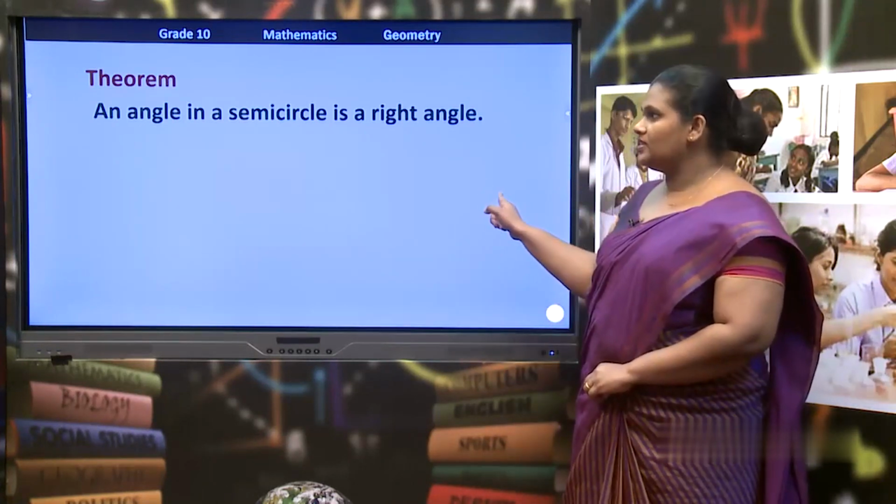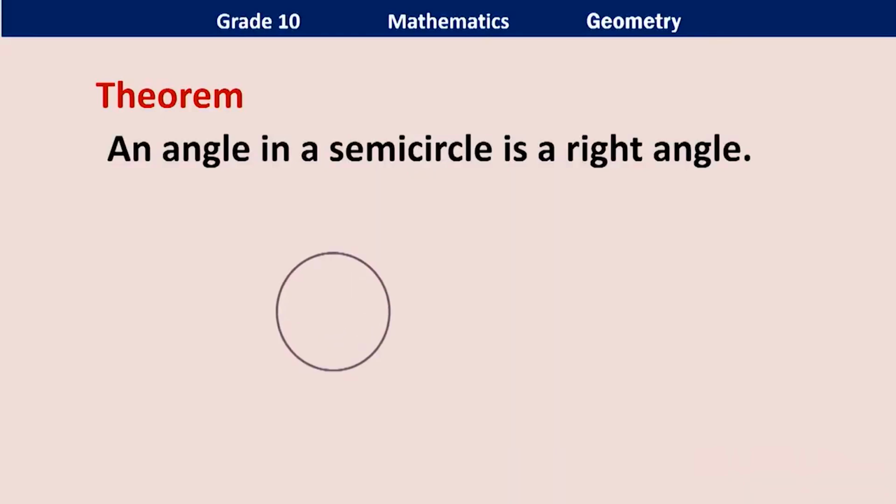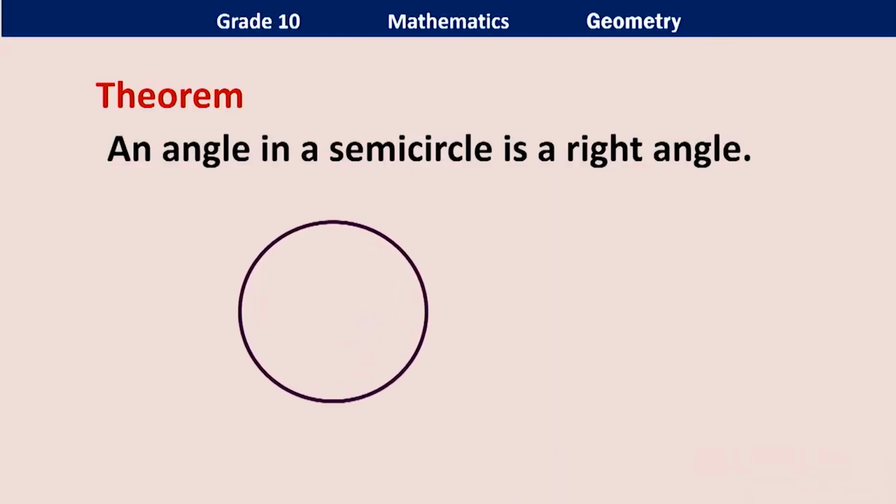Right. Using this theorem, here I can mention the circle and AB is the diameter, therefore, ACB can be considered as an angle in a semicircle. Therefore, the magnitude of angle ACB should be 90 degrees.